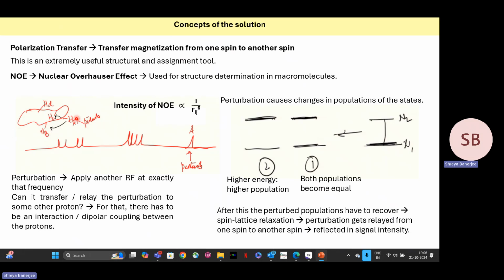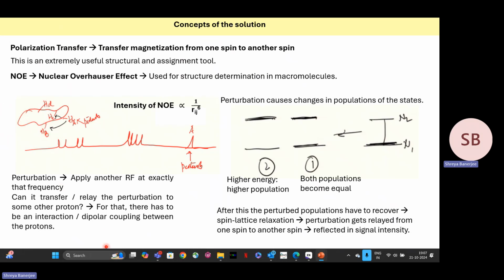We are perturbing a specific spin, HA. Now, this polarization will transfer to the spins that are close to HA in space. So from HA, it can transfer to HC or to HB. And if we allow even more time for mixing, from HC, it can go to HD, HB, somewhere further, and so on.